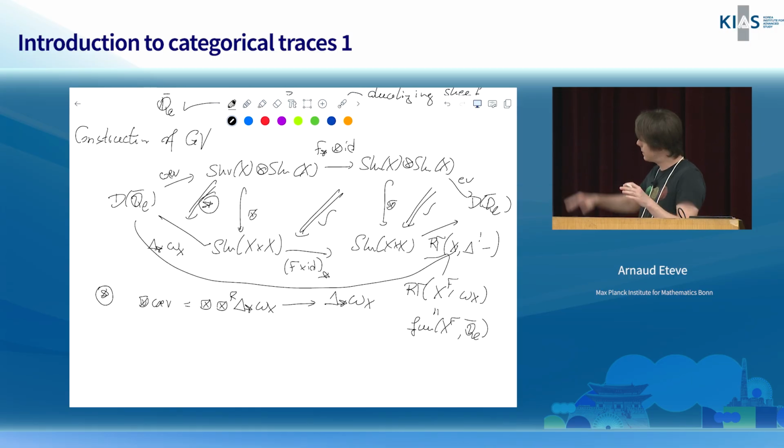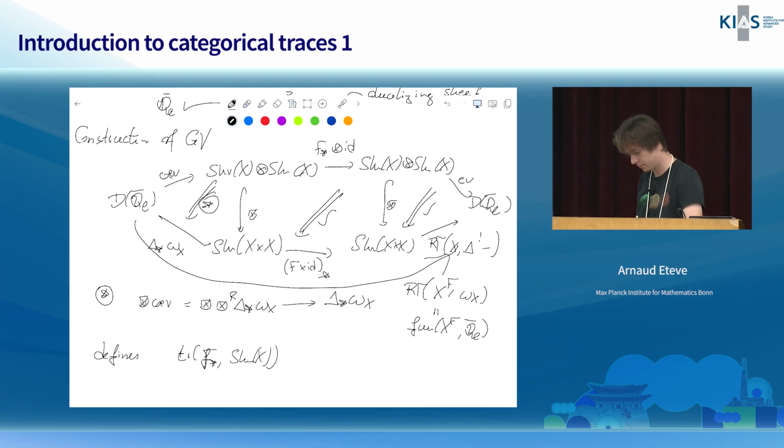And so that diagram defines a map from the trace of f lower star on sheaves X to Fun of X(Fq) QL bar.